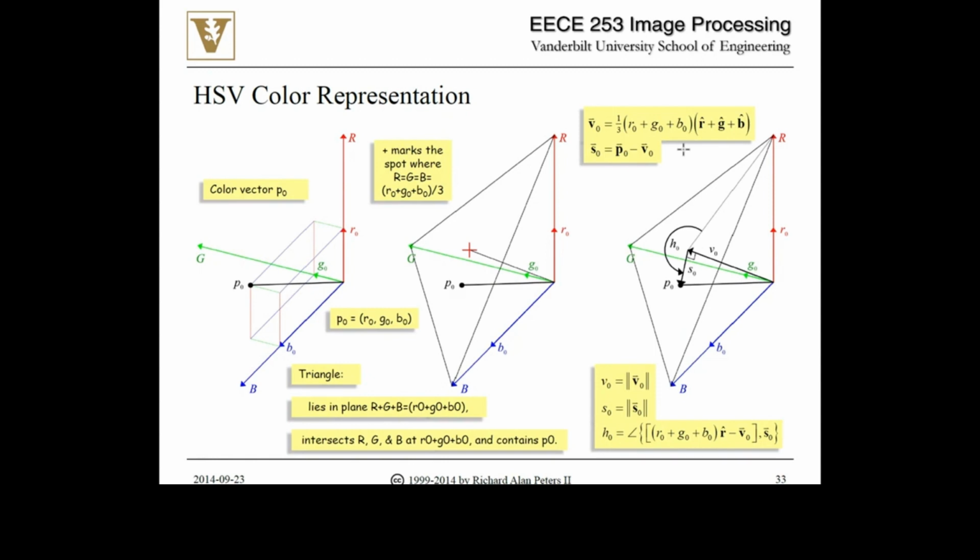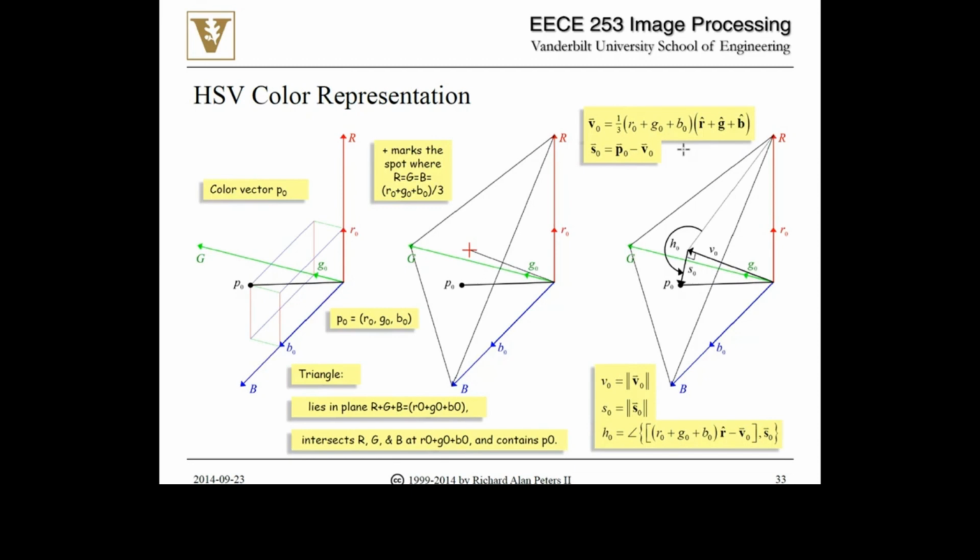This V0 will have a module, and that module will be the V of the HSV color code. Then we have this other vector S0. The module of S0 will be the S of the HSV color code.